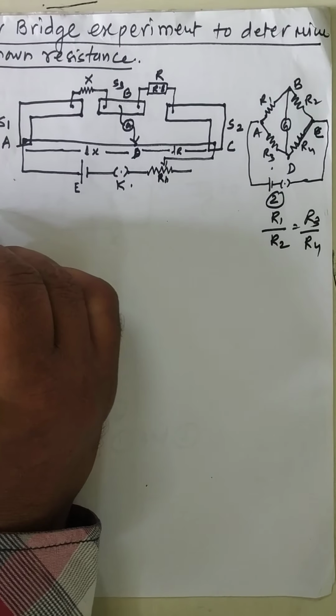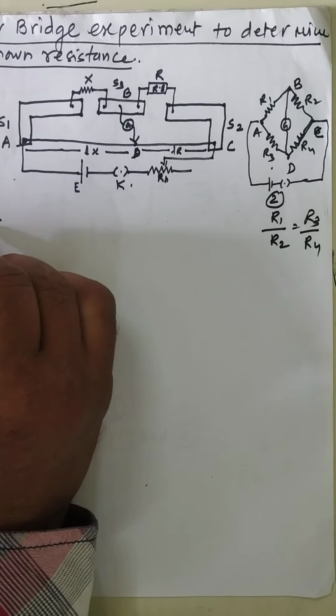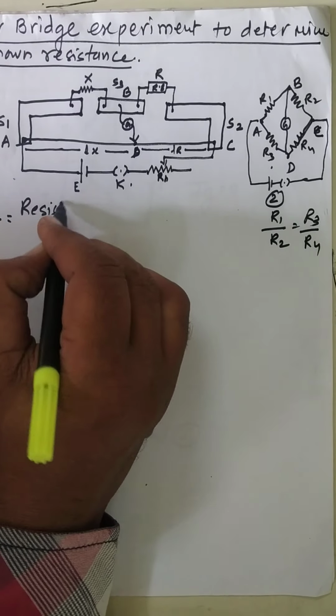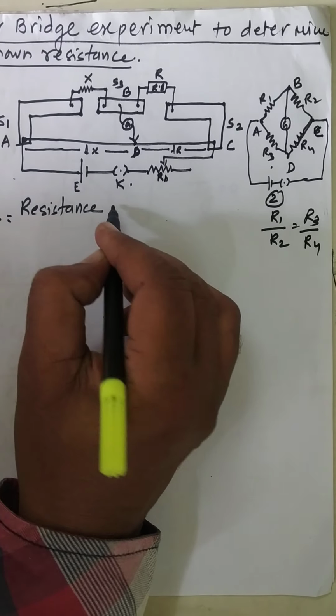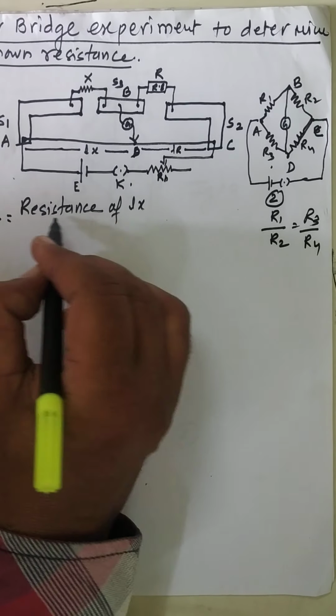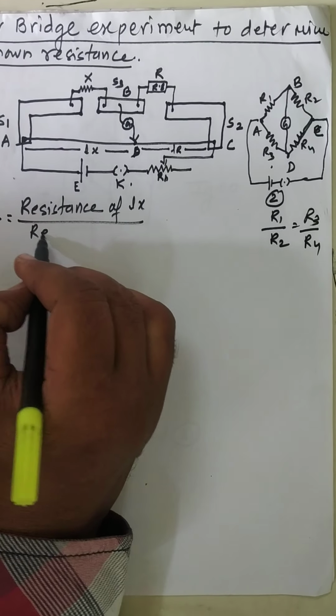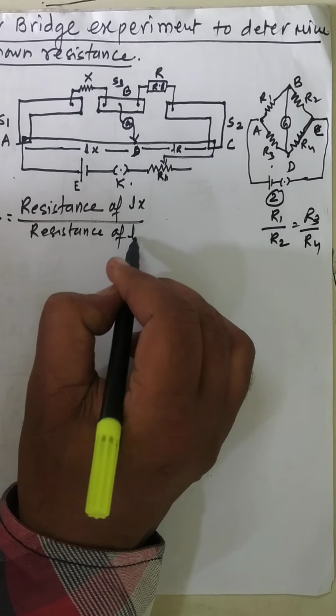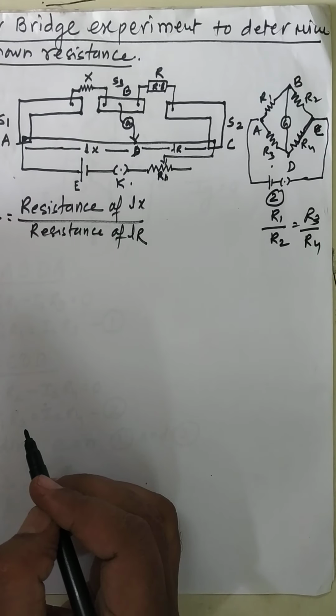Here, in the same manner, X upon R is equal to resistance of Lx upon resistance of Lr.